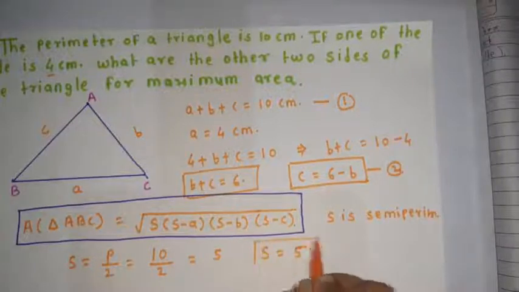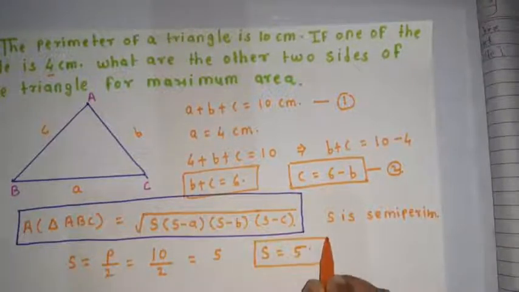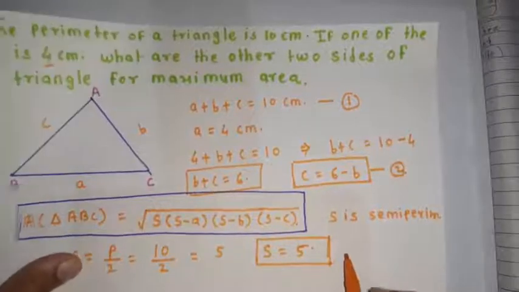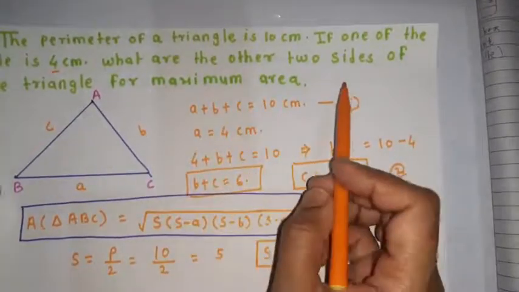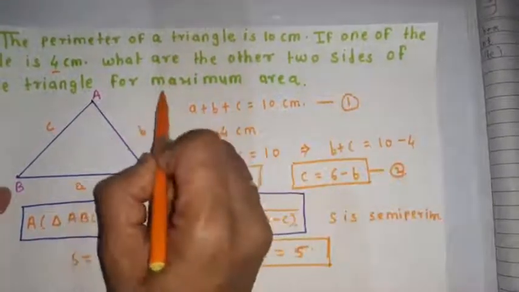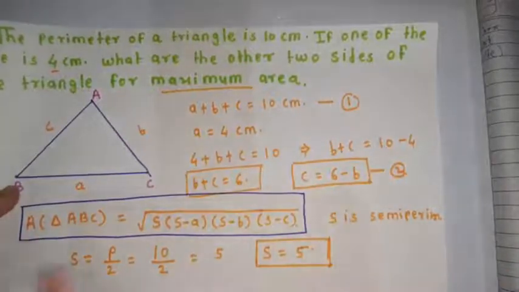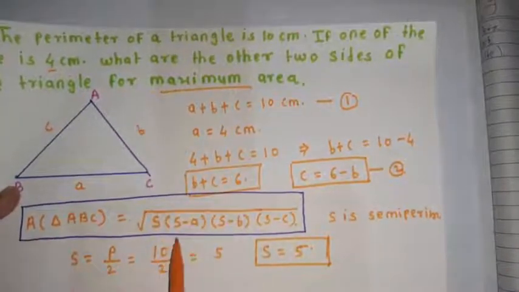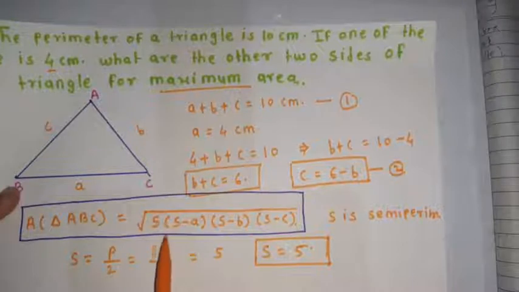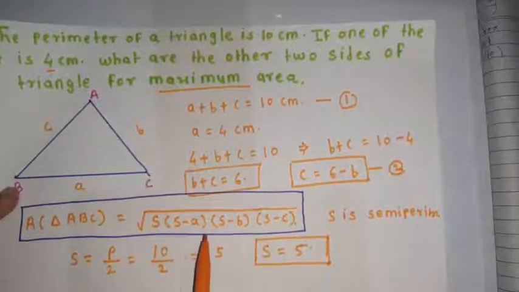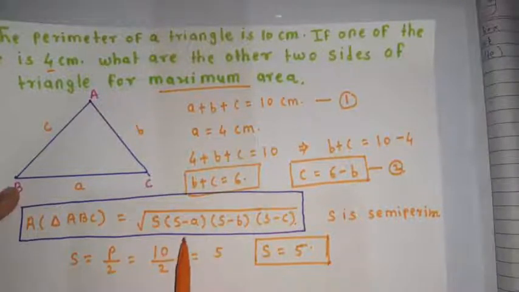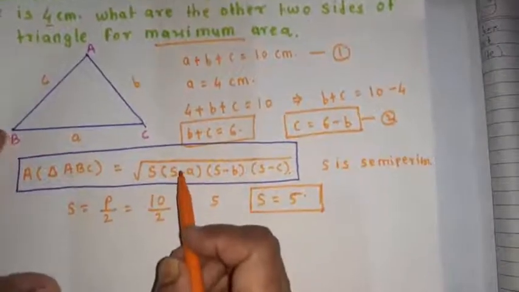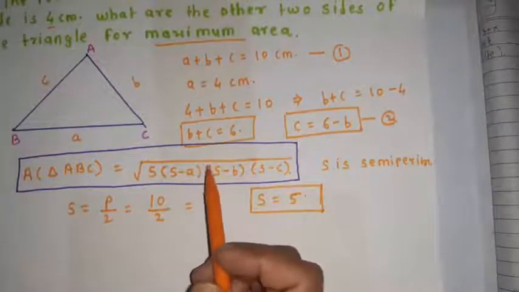Okay students, we have to find the two sides when the area of the triangle is maximum. So this area of the triangle is our function, and on that function we have to apply the first derivative test and second derivative test. In this way we will solve the problem.